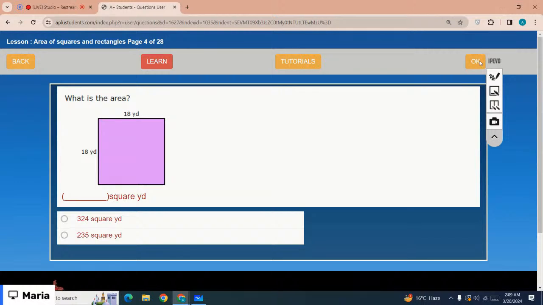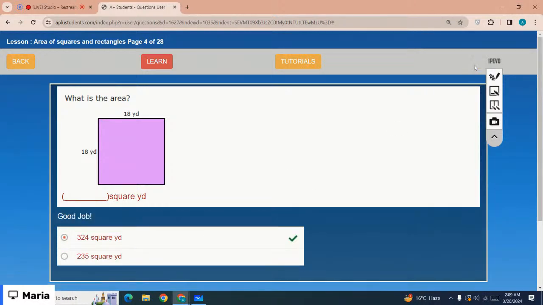Yes, the correct option is you have to do 18 times 18. The correct option is 324 square yards. Option number 1 is the correct option.